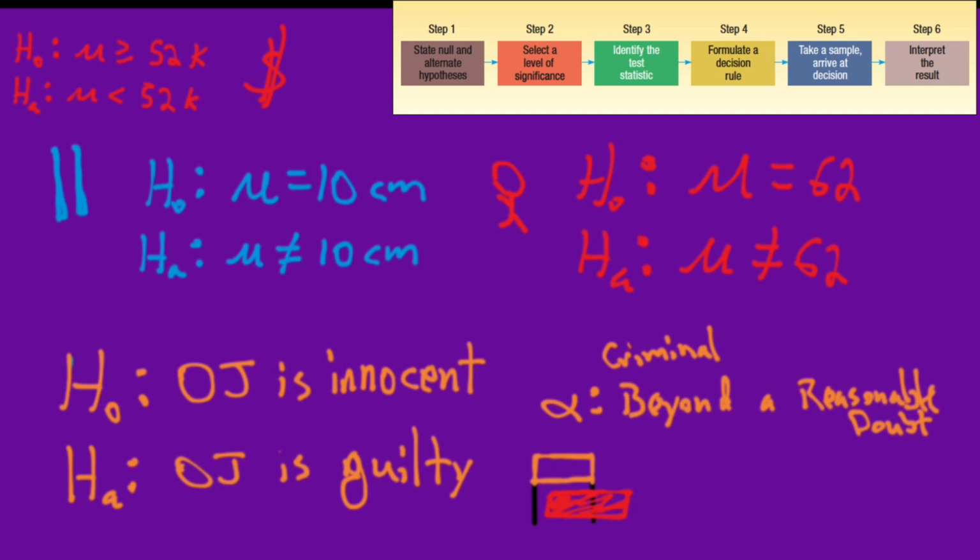We might try a lower bar, something like the preponderance of evidence, which is another alpha. So alpha of the preponderance of evidence is the level that we set in not criminal but civil cases.